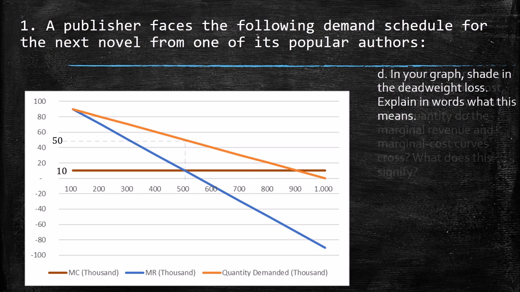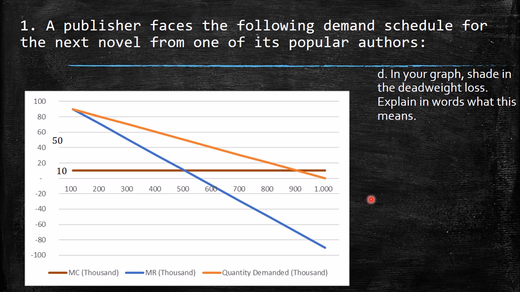Okay, then we have shaded the deadweight loss, explaining what this means. Basically, the deadweight loss, as we saw in previous videos, is this kind of loss that is represented because of missed transactions that cannot be performed as we had before. So all these consumers that potentially would buy at a lower price will not buy anymore due to this higher price.